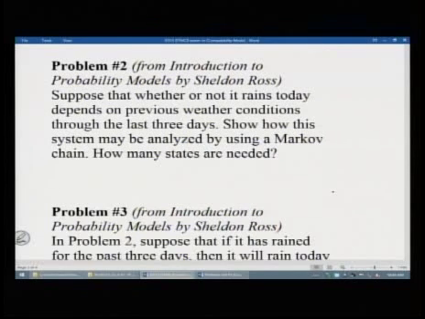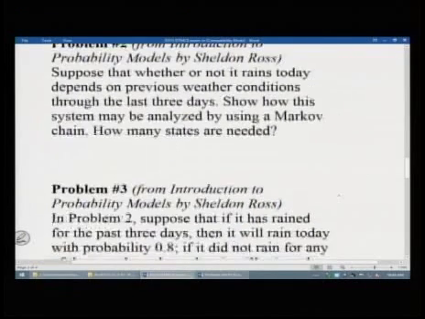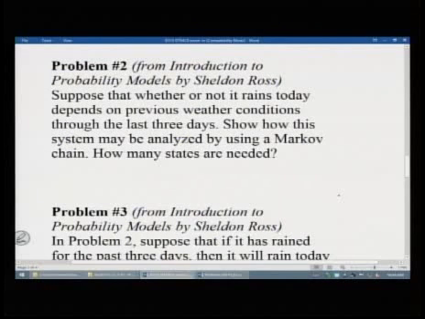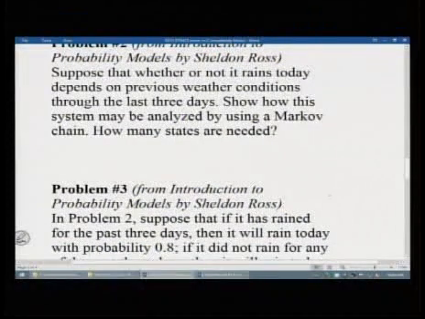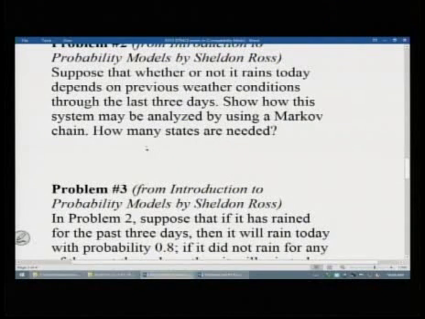So why don't you read through problem number 2 and problem number 3 together, because we can handle both problems at the same time, and then think about how you can handle this.